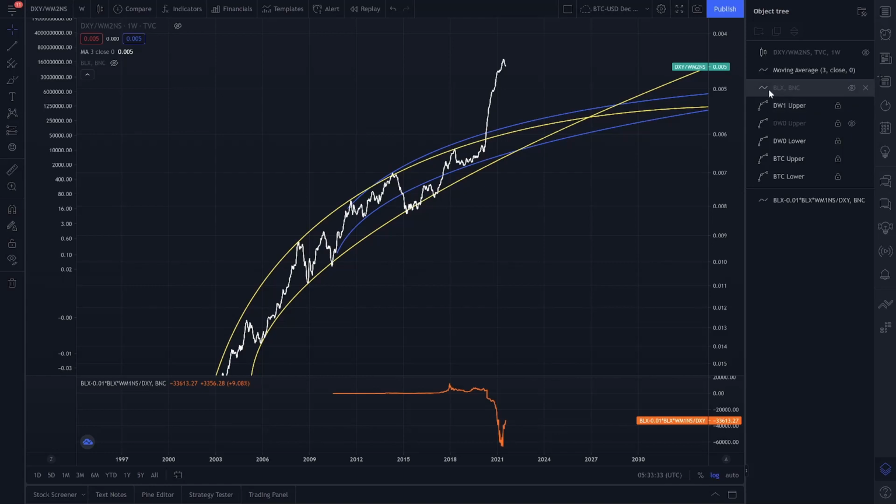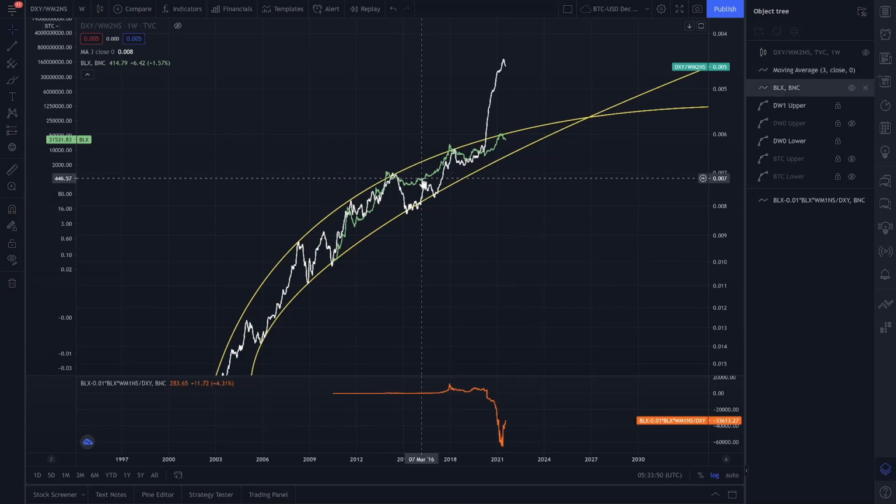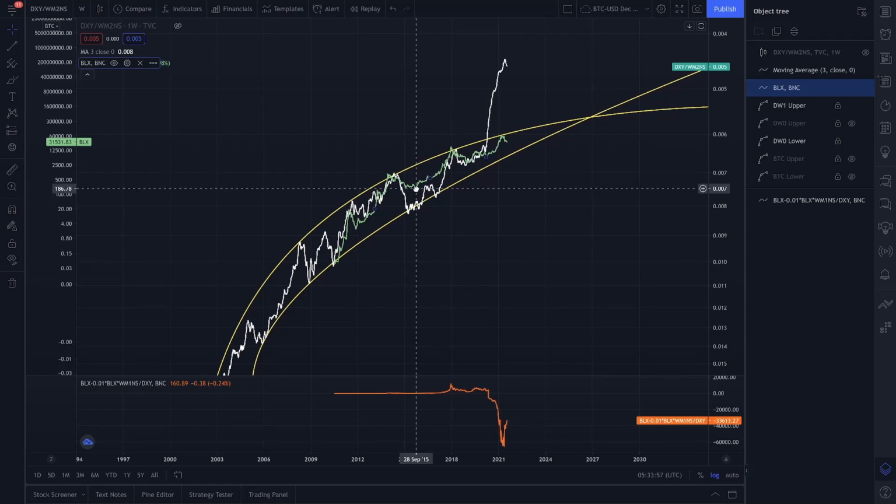So let's bring Bitcoin back to the chart, and we will remove our regression band for Bitcoin. So let's see, how does Bitcoin sit within this regression band? Might just line up our correlation a little bit better again here. Close enough is good enough.